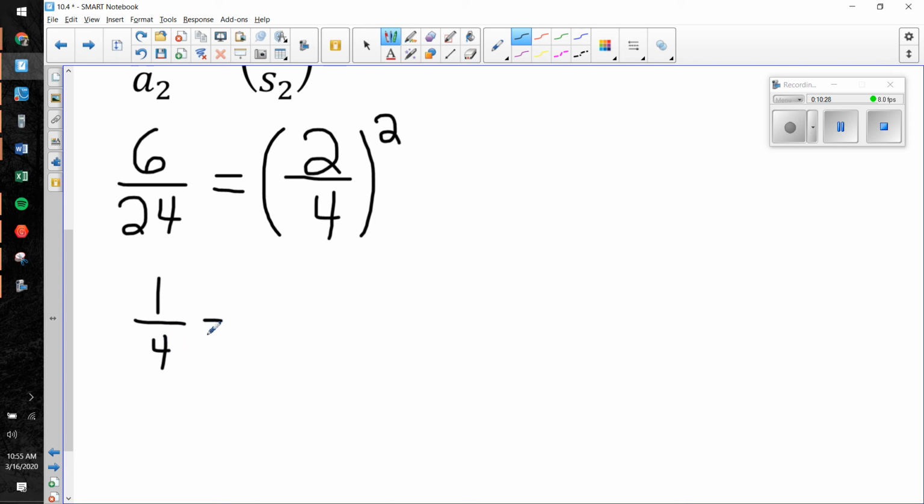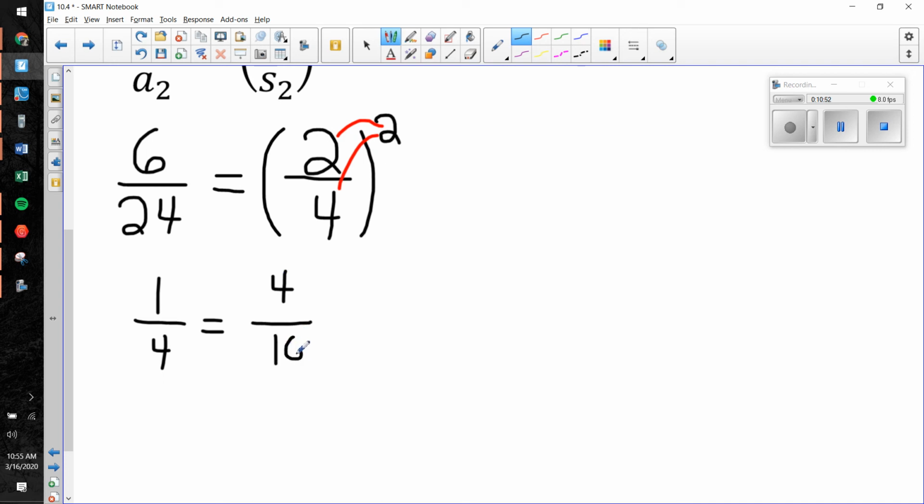And now, when we go to simplify the ratio on the right, remember that when you're squaring a fraction, everybody, that exponent gets distributed to both the numerator and the denominator. So this 2 squared in the numerator is going to get us 4, and the 4 squared in the denominator is going to get us a 16.